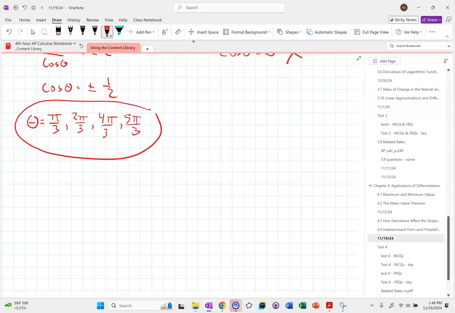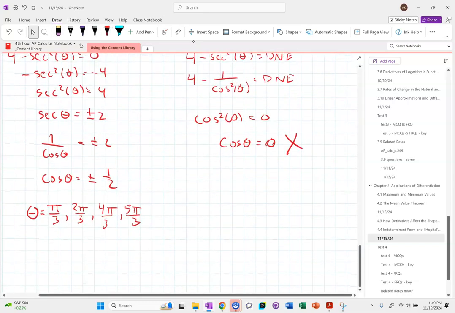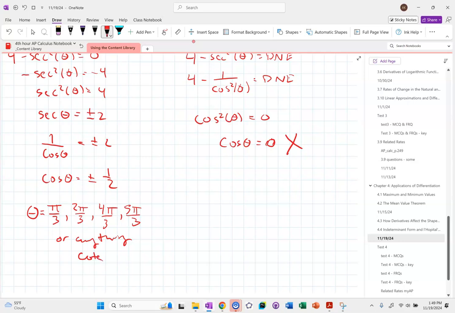Would you have to do like the plus 2 and 5? Oh, sure. Yes. That just means or anything coterminal, right? Yes, absolutely. Perfect.